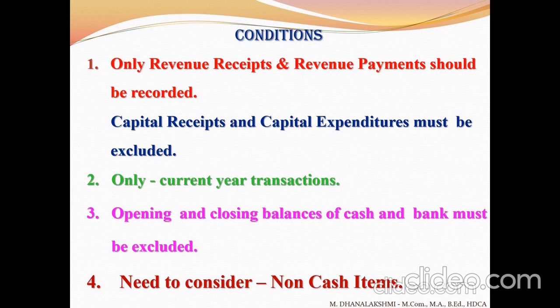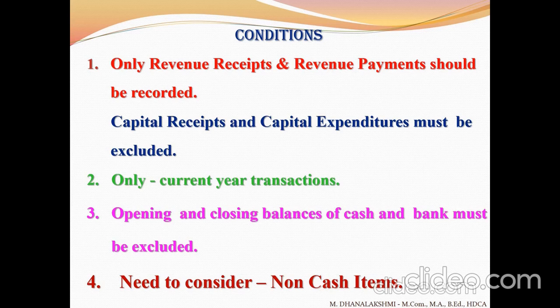The second point is, if there are any expenses related to the previous year and next year, that is the subsequent year, just ignore them. For example, rent paid rupees 25,000, which includes rupees 5,000 for the previous year and rupees 10,000 for the next year. Here you have to subtract 15,000 from 25,000.